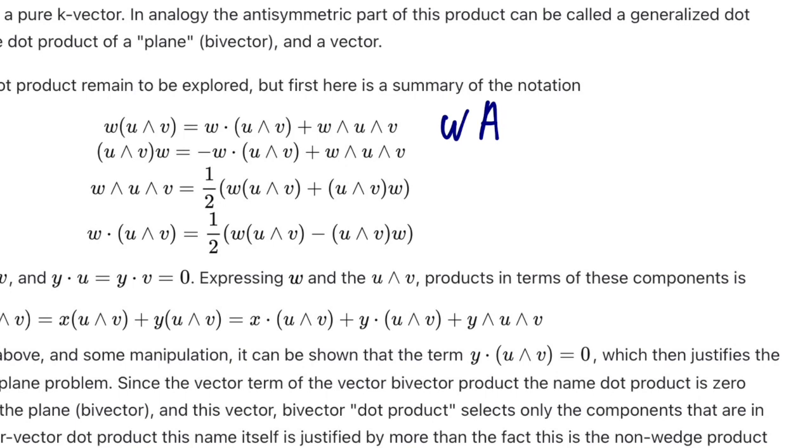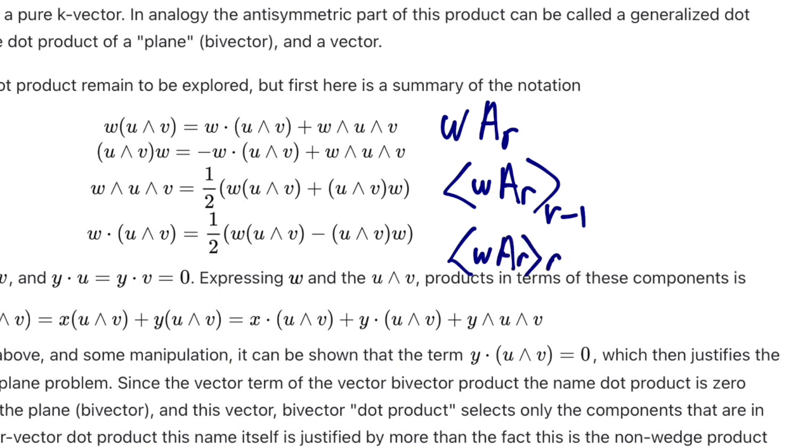The geometric product of the vector omega with any blade of any degree R will always have an R minus 1 piece, and it will always have an R plus 1 piece, unless, of course, R plus 1 is greater than the dimensionality of the space, in which case that part won't be there.